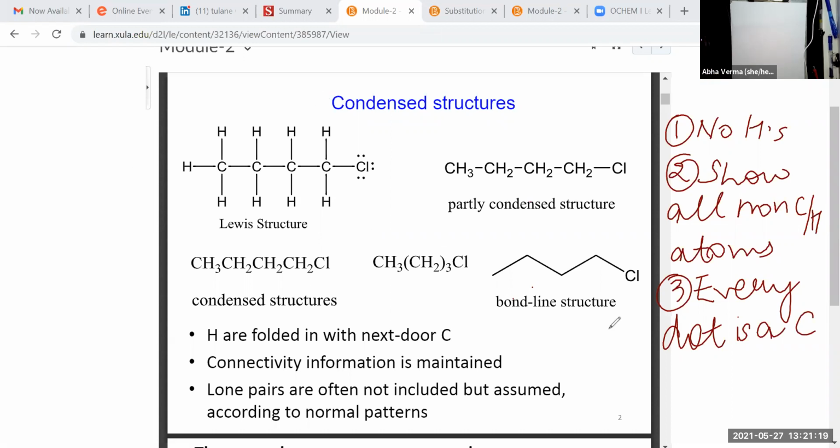Okay. So bond line structures are very easy to look at. But all you have to do among all of these structures is maintain the connectivity information. Make sure that you label your structures.